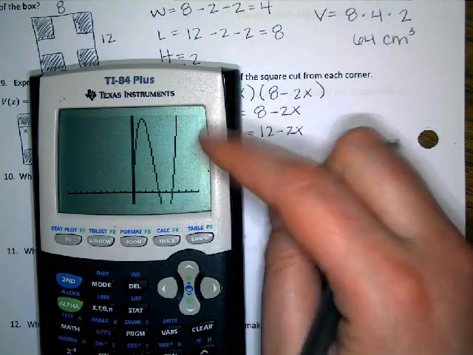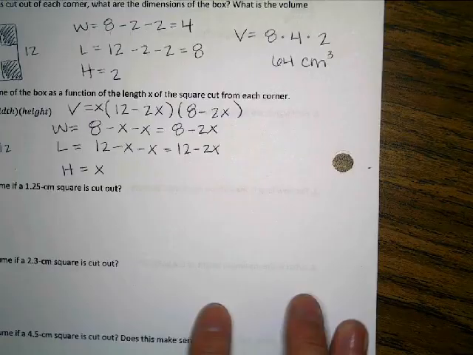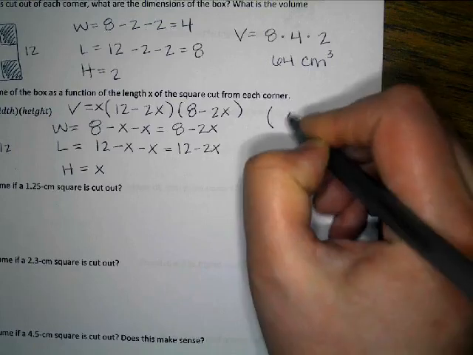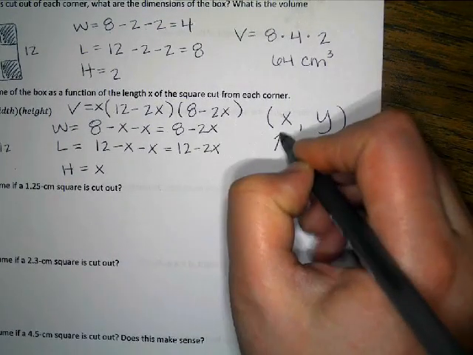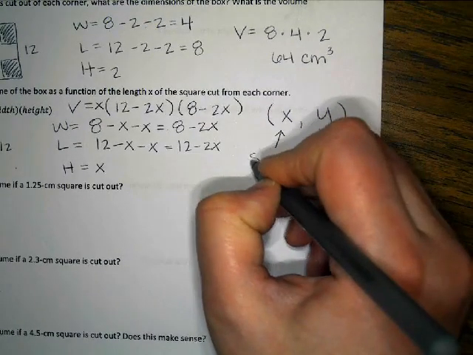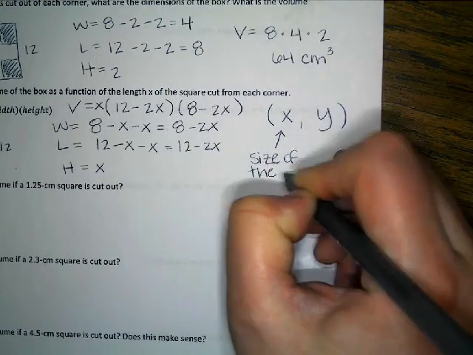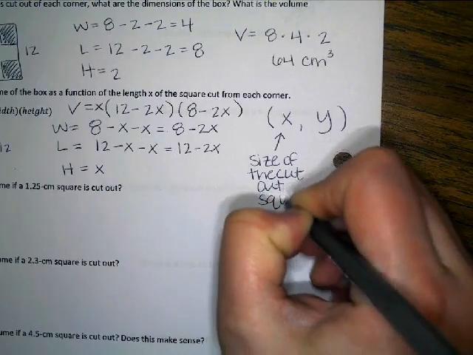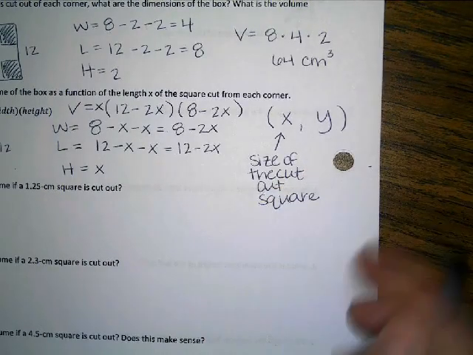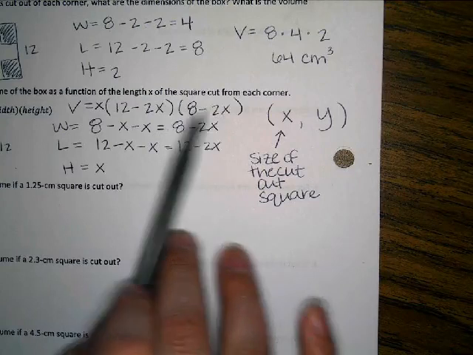Okay, so before I go any further, I'm going to write down what my variables mean, just so that I won't forget. X is the size of the cut out square. That's what we're going to input into the equation, is how big that square is that you're cutting out.